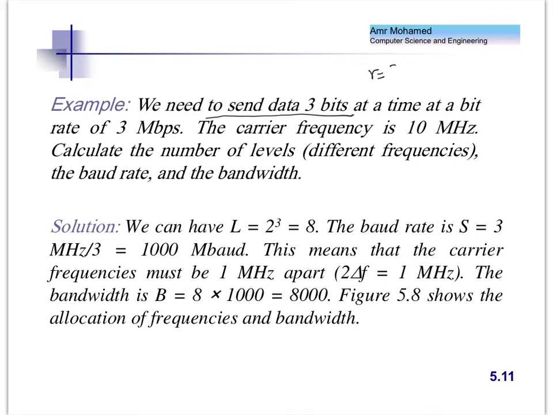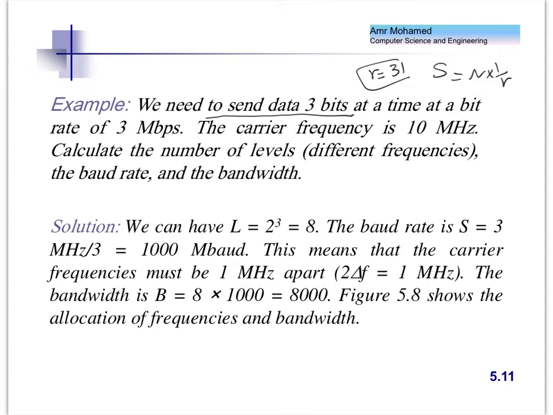So it's 3 over 1, so it's 3. The signal rate is S equals N multiplied by 1 over r, right? So supposedly when I represent more bits as a symbol, the signal rate will be more efficient, right? And that's the case for ASK.